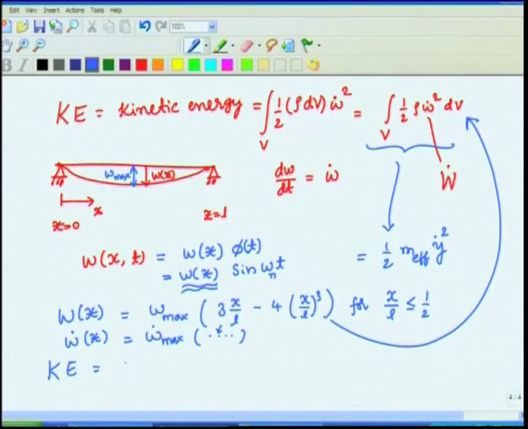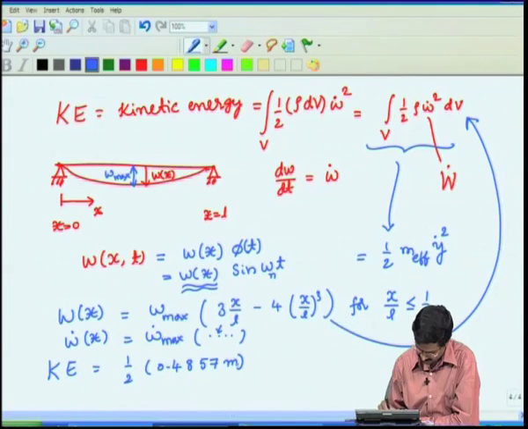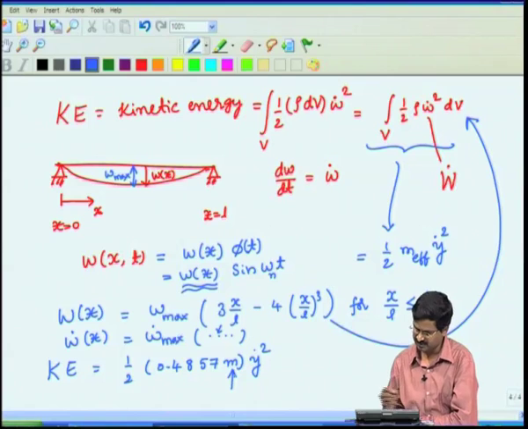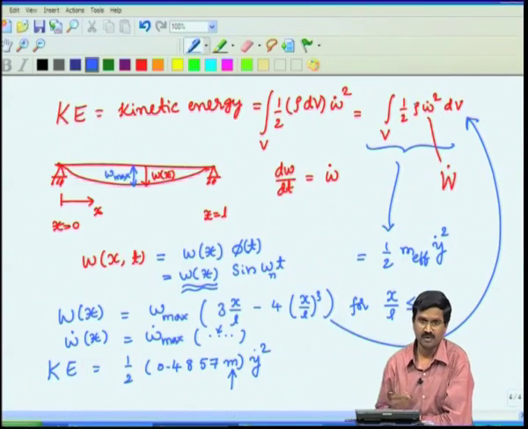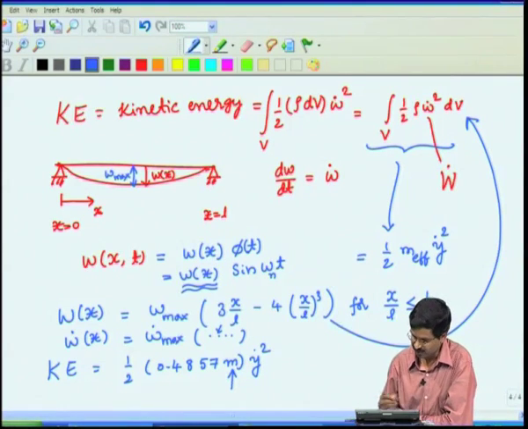So, now this integration, when we do it, we get half times 0.4857 m into y dot square. Where does this m come from? This m comes from this rho, that is the mass per unit volume.